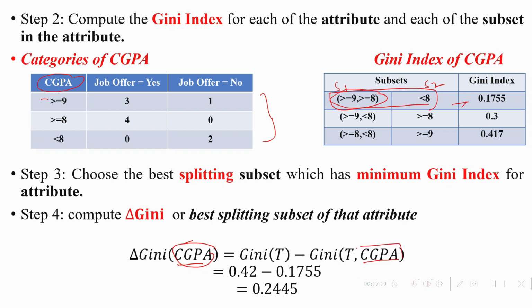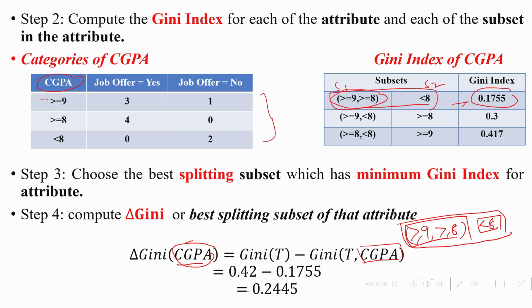Here we are identifying the splitting condition: greater than or equal to 9 and greater than or equal to 8 form the left subset, and the right subset is less than 8. This is done with the help of the minimum value of the corresponding Gini index.